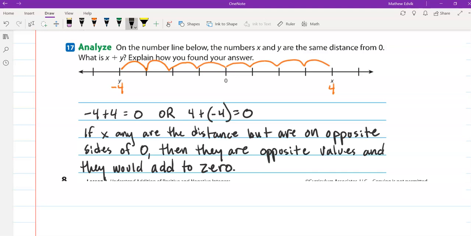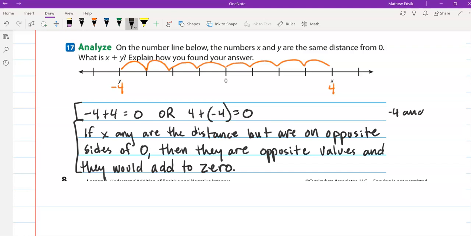So that's another option of a way to answer it. So this is one option. That's another option.